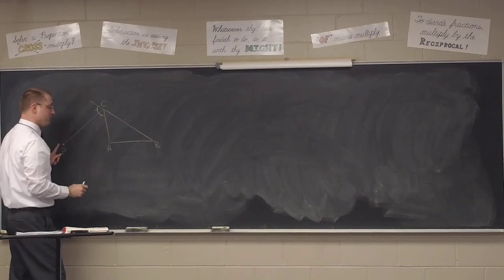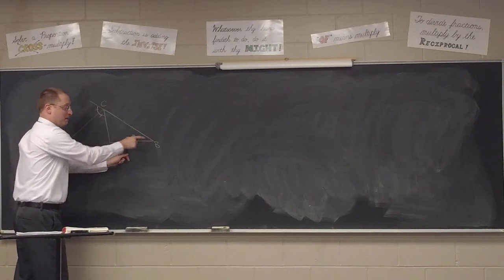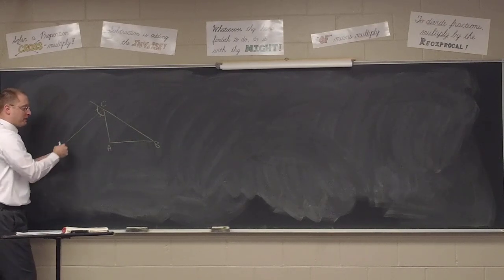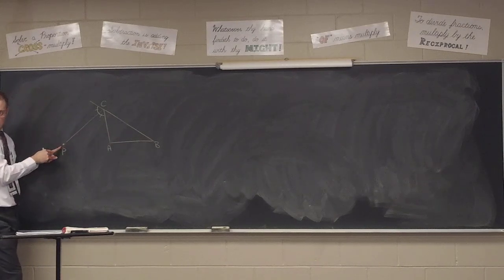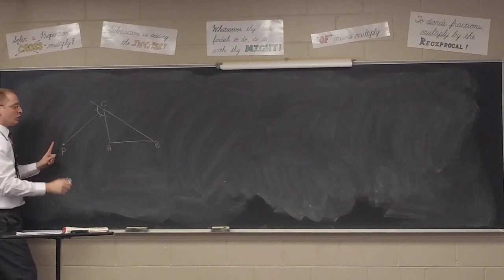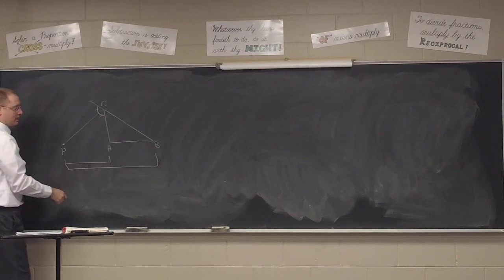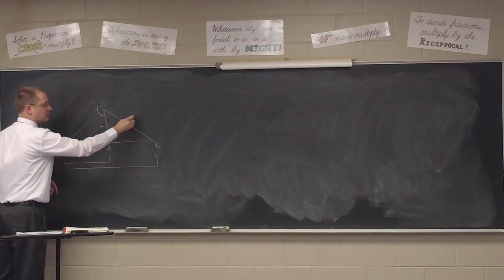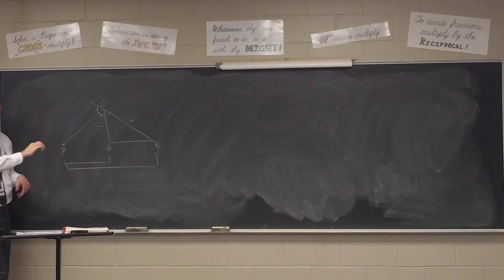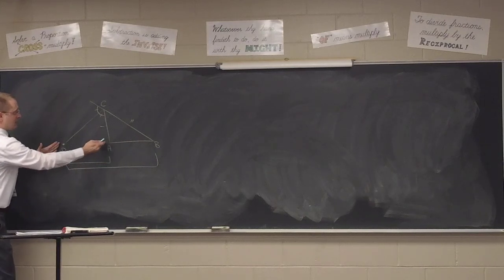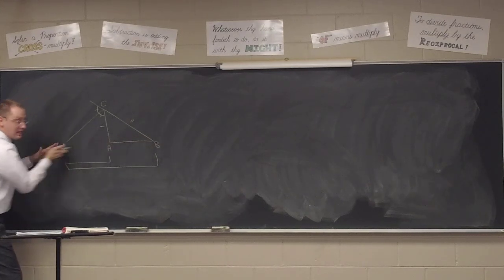P is my point of division, but instead of being here, it's here, still AP and BP. And it's still going to be segment is to segment as side is to side. Exact same proportion in words and everything. It's just not segments here, it's segments here and here.